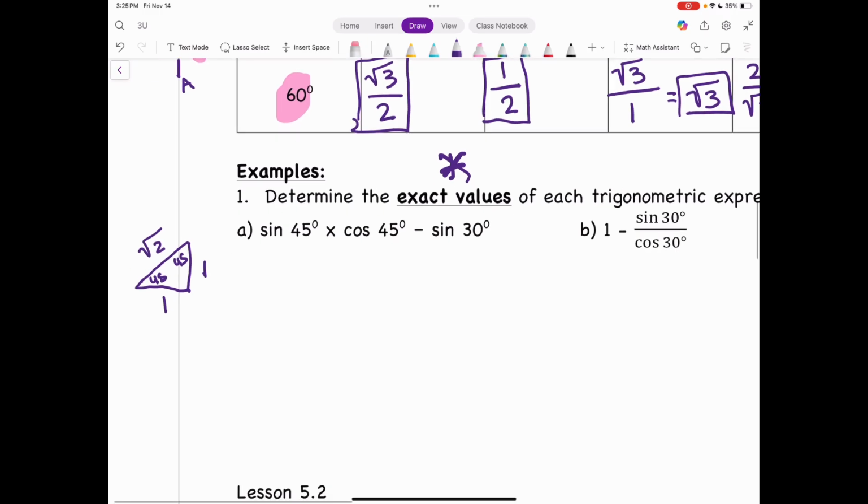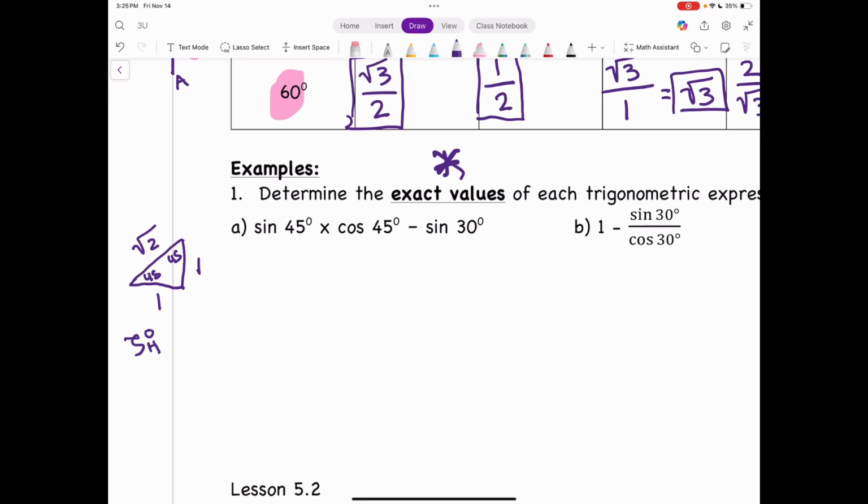We know that sine is opposite over hypotenuse. If we're looking, we can look at either of these 45-degree angles, so let's just look at this one. My opposite would be 1, and my hypotenuse would be the square root of 2.